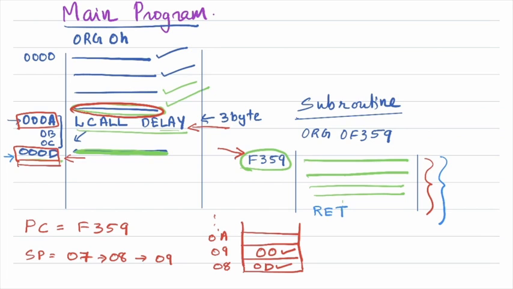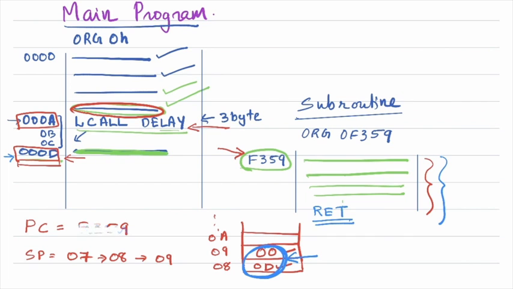Because that is the next instruction after the call instruction. This 000D is already pushed to the stack. You can see it is already there in the stack. So what the return instruction does is pop the content of the stack into the program counter.